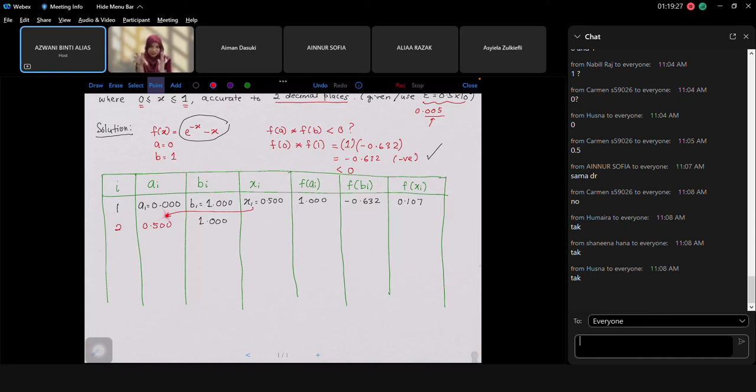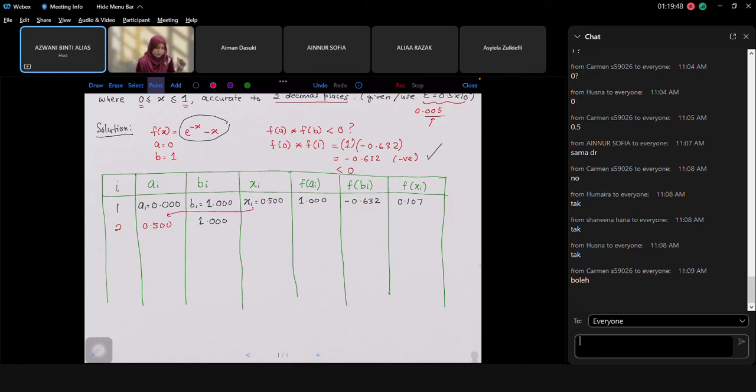So solution akan ada in between 0.5 dengan 1 dah ni. Solution antara 0 dengan 0.5 tak ada solution. Nampak tak beza dia? Kita punya solution in between 0.5 dan 1. Boleh? Boleh ikut?